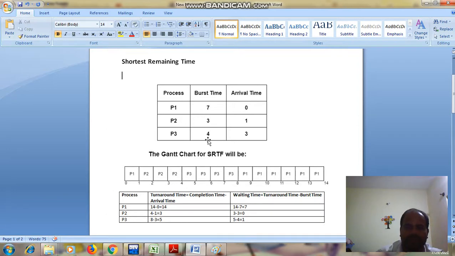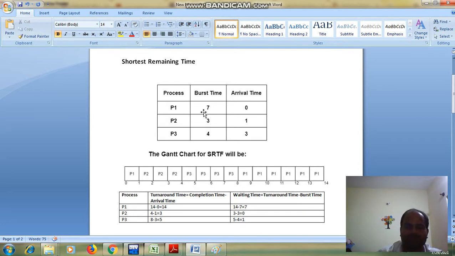Now between P1 and P3, which has the shortest time? All processes have arrived in the queue. P3 has 4 seconds of burst time and P1 has 6 seconds remaining. So P3 has the shorter burst time than P1, and P3 will be allocated for the next 4 seconds: 1, 2, 3, 4. Next, the remaining 6 seconds are allocated to P1, because only P1 is left.